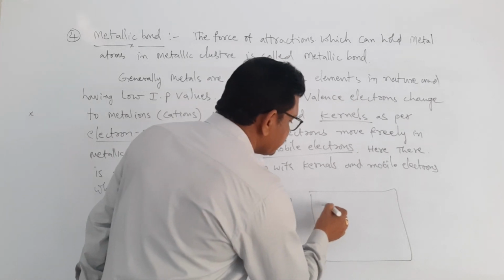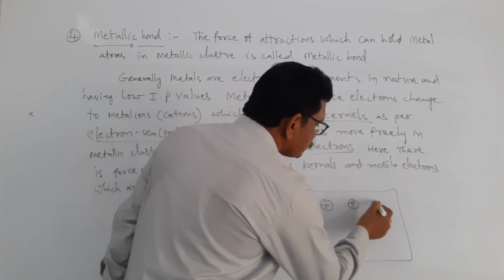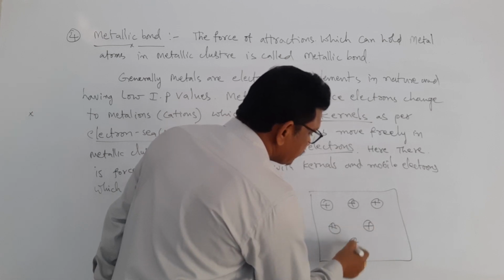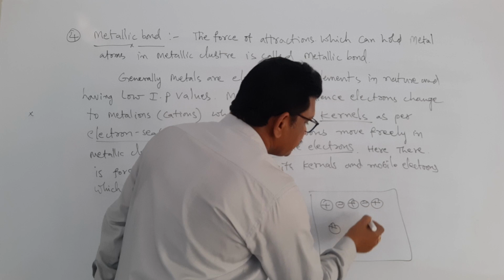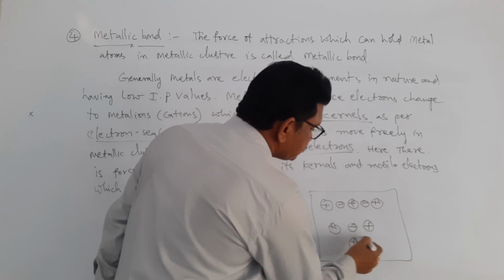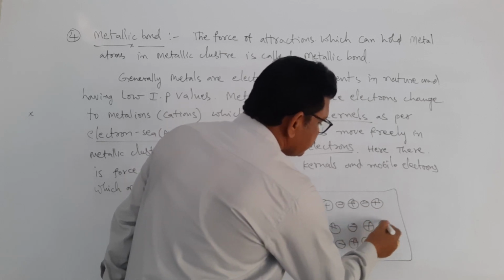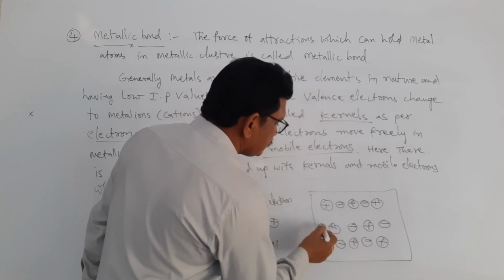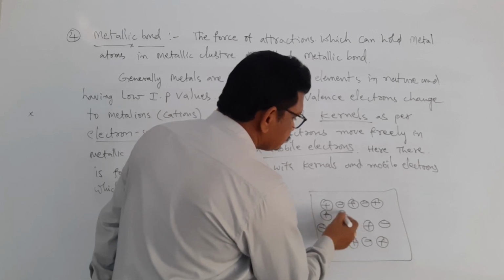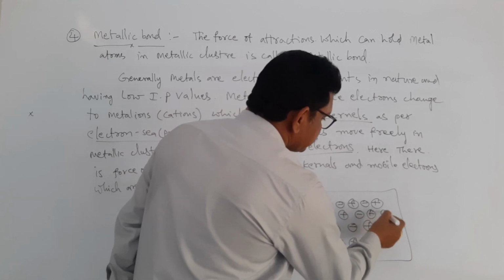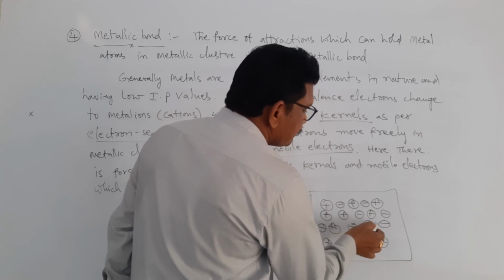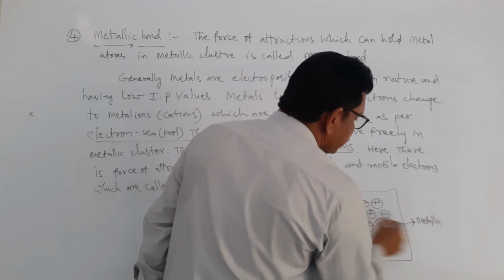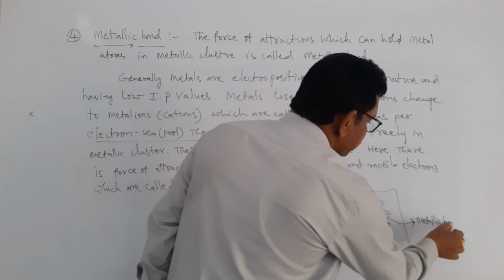So many kernels are formed, and in between the kernels there are mobile electrons. They attract each other. Whatever forces develop between the kernel and the mobile electron, it is nothing but metallic bond. The entire thing is called a metallic cluster.